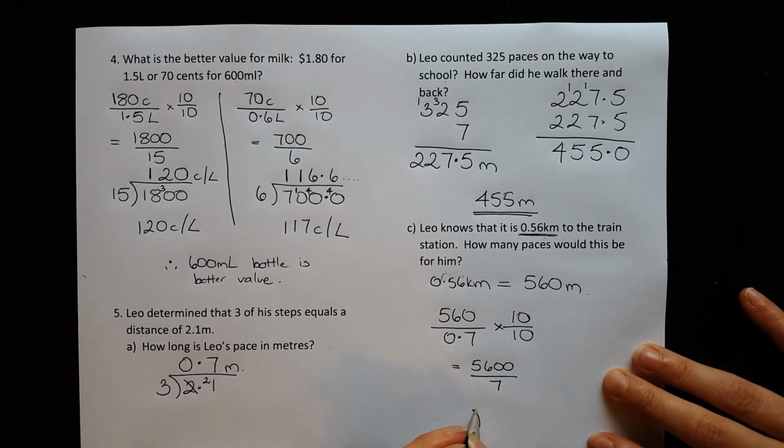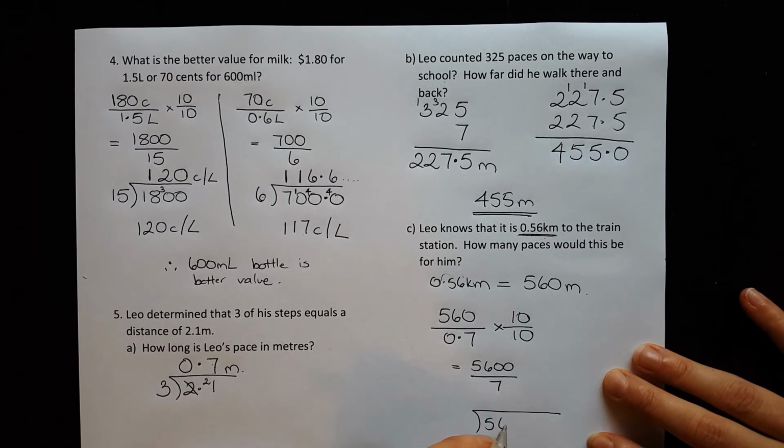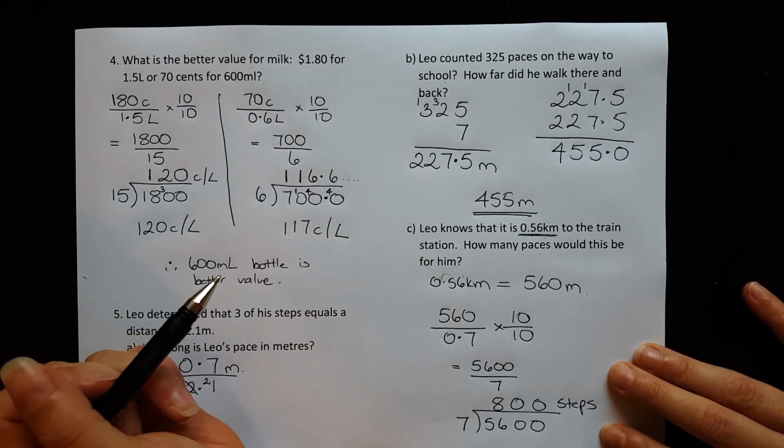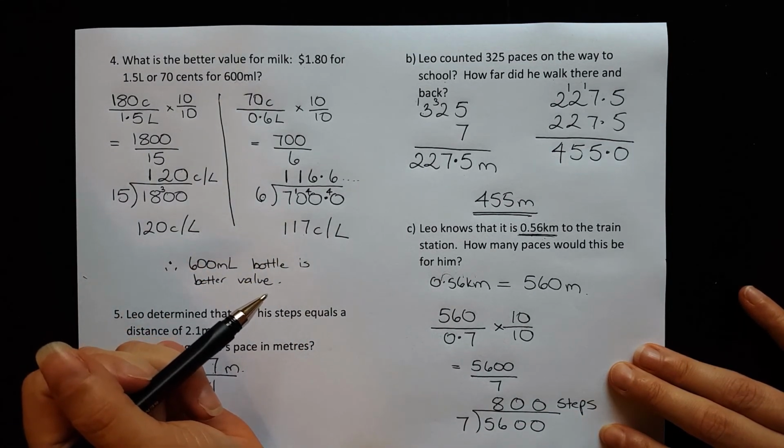We need to divide that now. 5,600 divided by 7. 56 divided by 7 goes exactly 8 times. So we put these zeros up here, making it 800 steps. Okay, so it takes him 800 steps to walk to the train station.